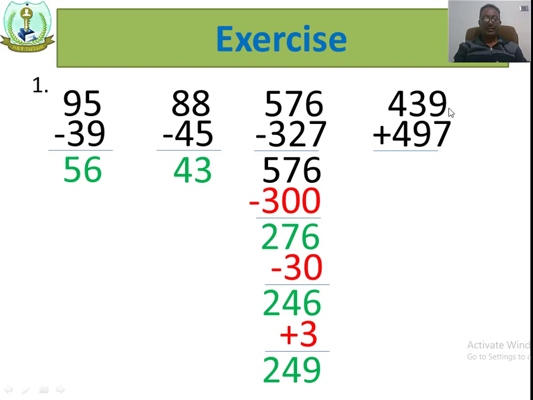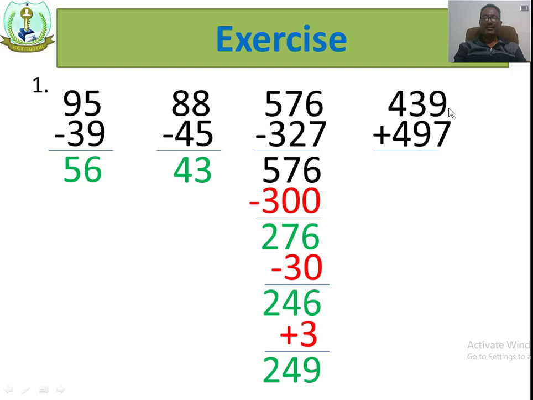This time we are going to work on 439 plus 497. The technique we are going to use here is a bit different from the ones we have seen previously, because I'm going to work on both the numbers 439 and 497. I want to change both the numbers into multiples of 10.